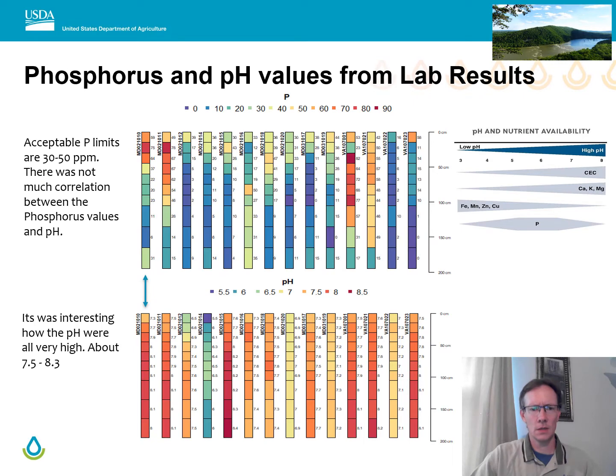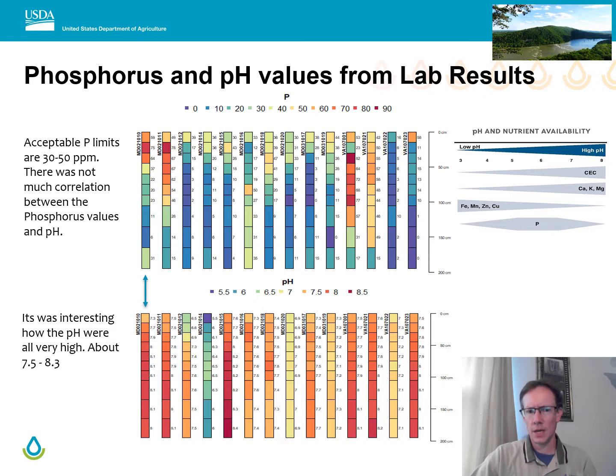So here are phosphorus and pH values from the lab results. Acceptable phosphorus limits are 30 to 50 parts per million. I was looking at the phosphorus values versus the pH values, and the pH values are below. If you look at the phosphorus in the soil, below it is the pH of that same site.